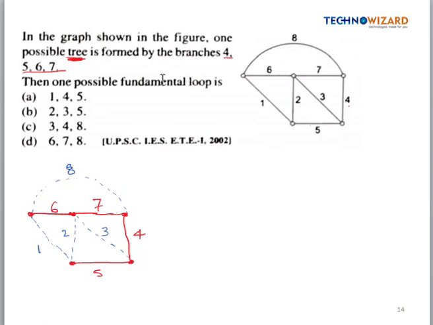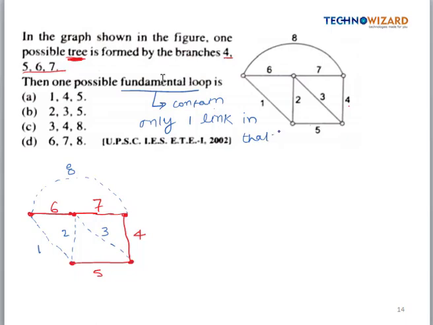Okay, so now it is saying one possible fundamental loop is... so a fundamental loop is that loop which contains only one link in that loop.